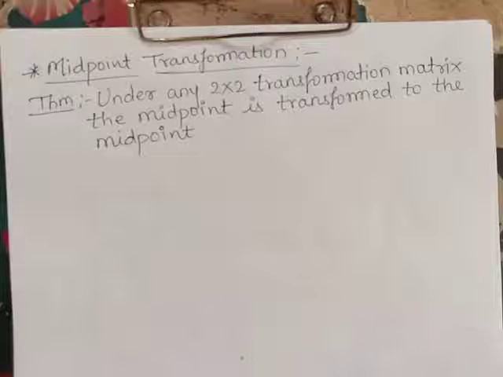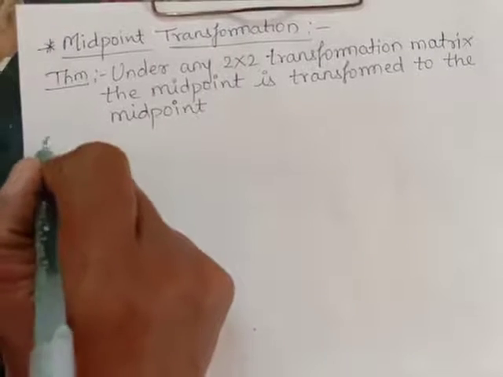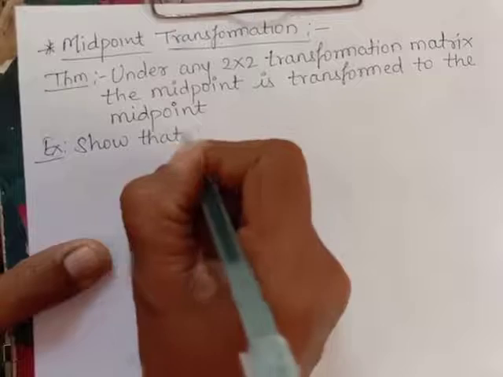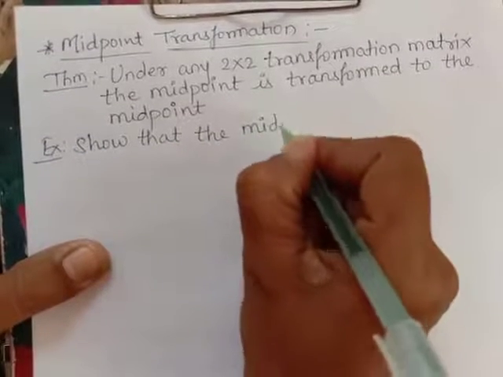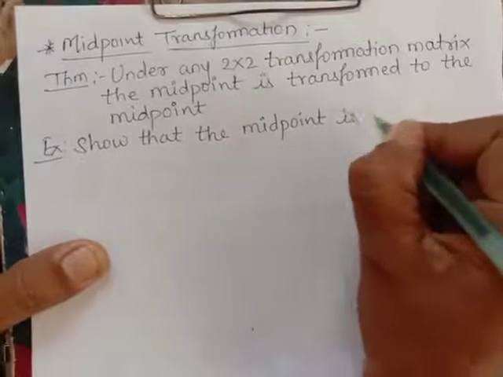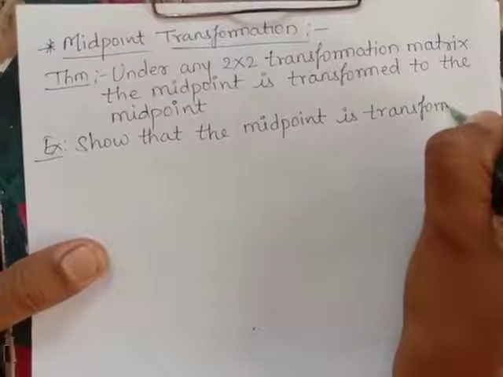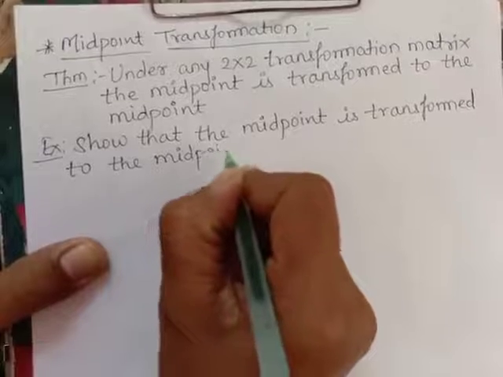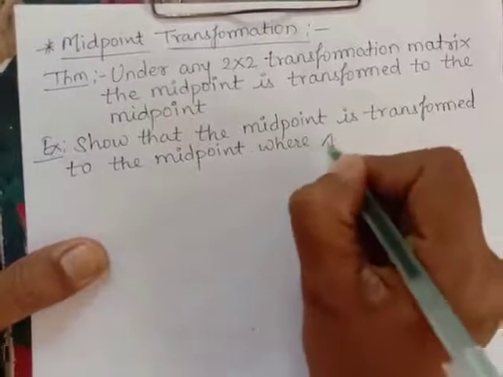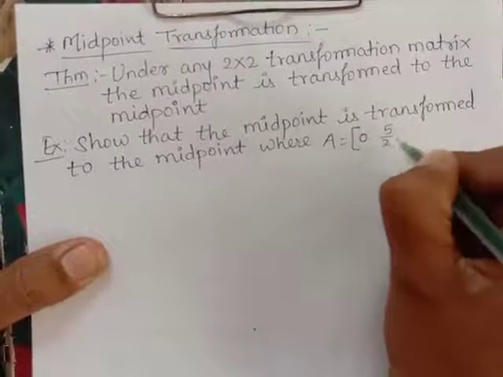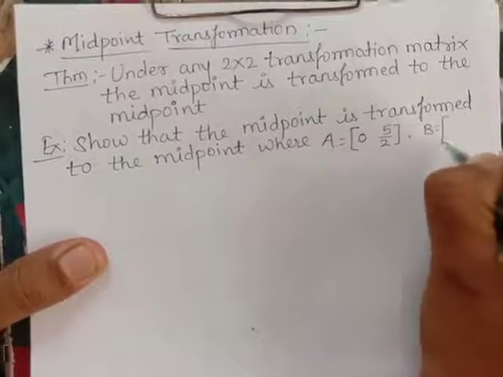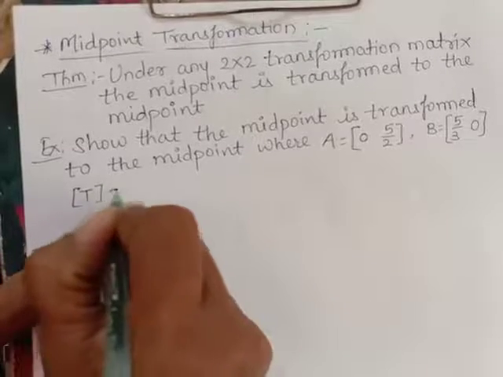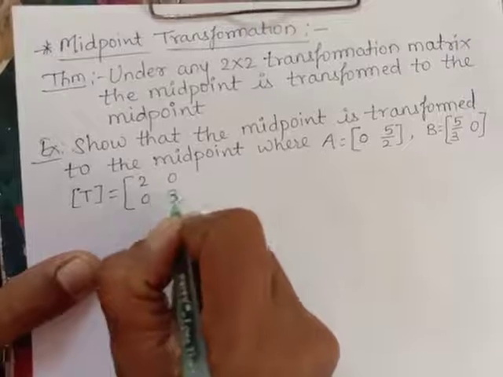So let's take an example on this. Example: show that the midpoint is transformed to the midpoint, where A is (0, 5/2), B is (5/3, 0), and the transformation matrix T is [2 0; 0 3].